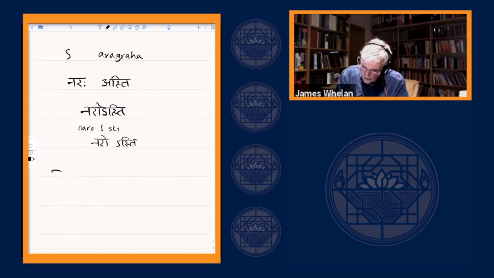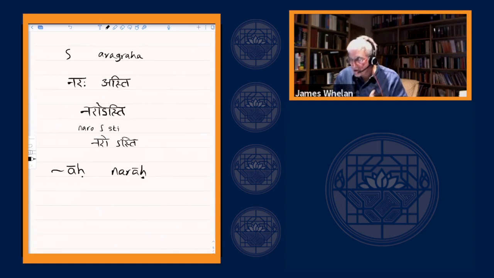If you get a long ah, as in the men, narah, that's a little bit simpler. What happens there is that before any other vowel or before a voiced consonant, it simply drops off.